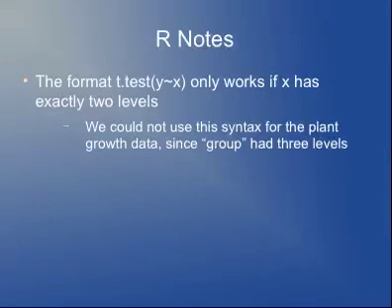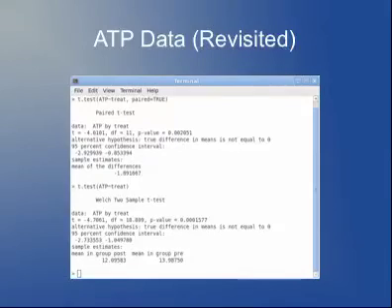With Valerie's data on this slide, I could have said t.test, ATP, square brackets, treat equals pre, comma, ATP, square brackets, treat equals post. That would have given me the same results. But you can save yourself a little typing if this treatment group is a factor with only two levels.